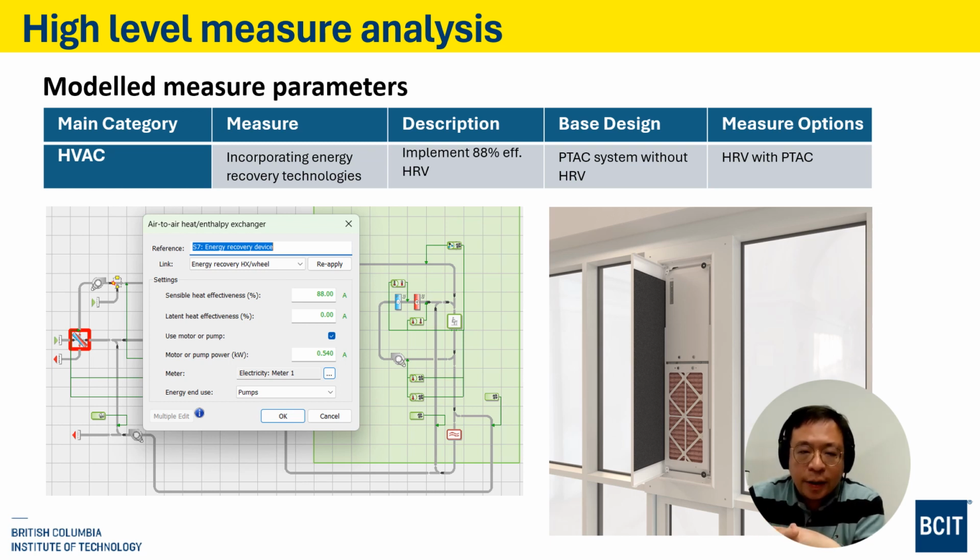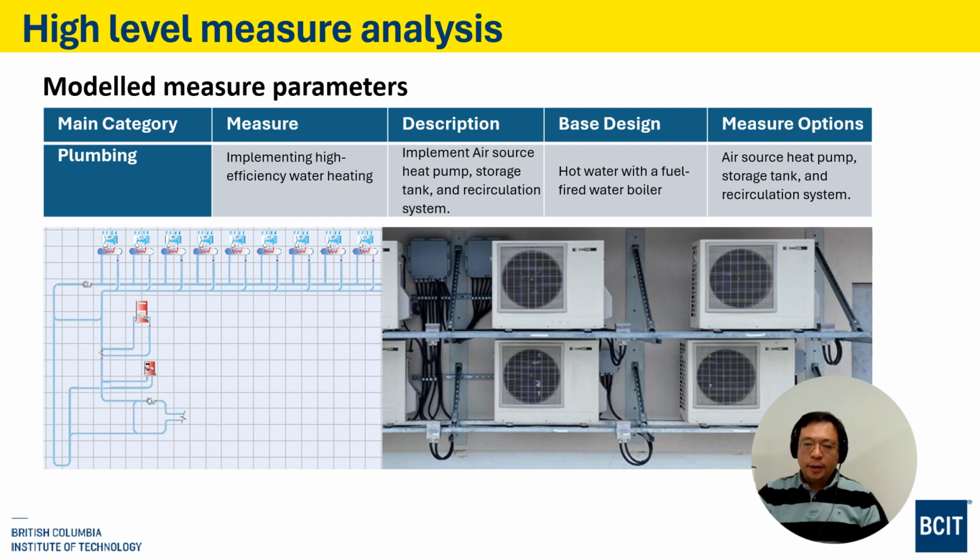And second, we make use of the indoor heat through recovery and hope to have lower energy consumption on space heating. Our fourth measure is to replace the gas boiler with a heat pump water heating system.